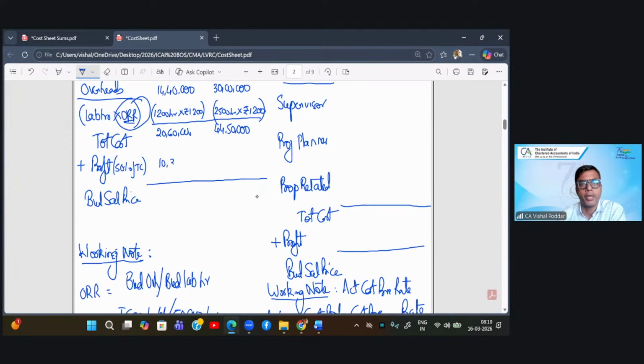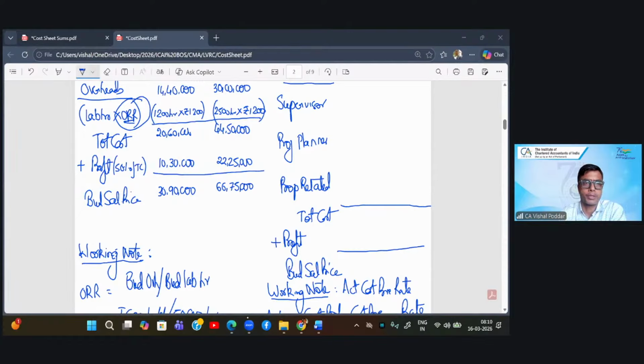So this will be 1030. So it will be 3090. This will be 2225. So this will be 6675. Correct? Yes. So this is the traditional method price.